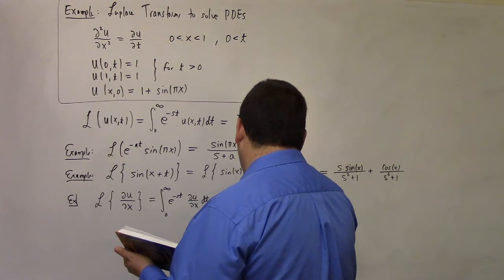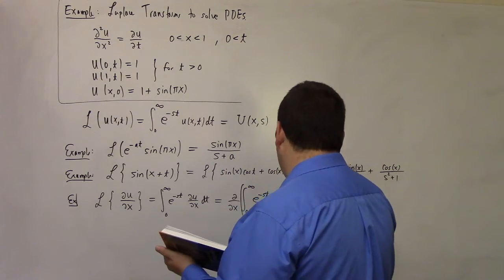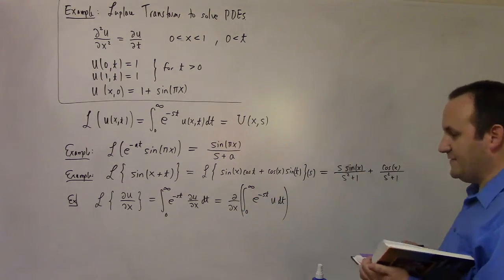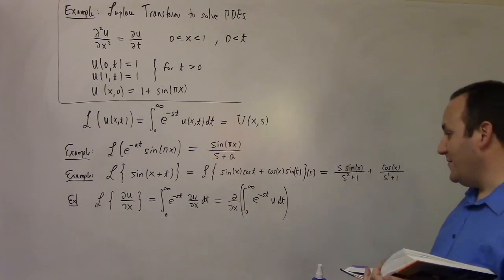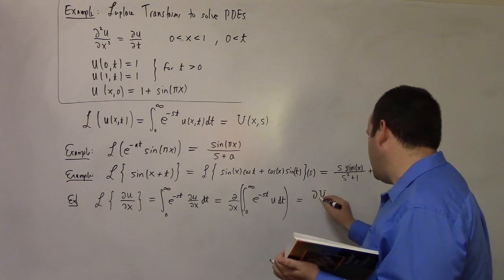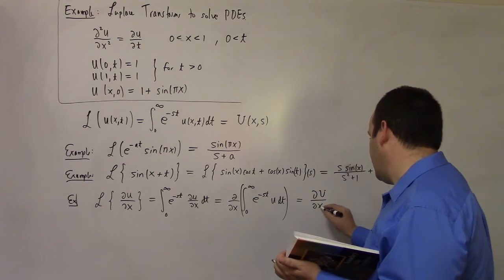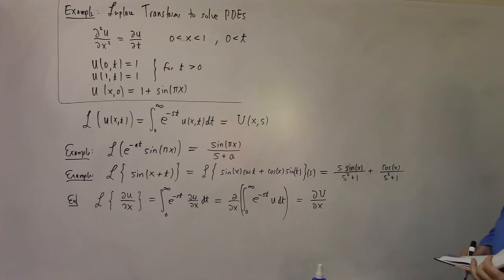Partial x of e to the minus st u dt. So using differentiation under the integral trickery, which presupposes certain conditions on u, which this book doesn't go into either. There is something to prove there, but again that's kind of not the point of this course. So big partial U, partial x is what that is.